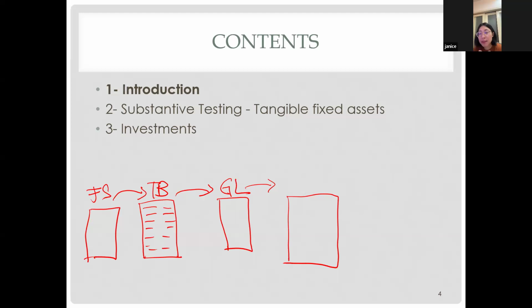Do you guys know what the name is? We call that the non-current asset register, which will list down all your non-current assets and the calculation of their depreciation. So that's how it works. Normally we have a register, and from the register we update the general ledger, from the general ledger we update the trial balance, and from the trial balance we are able to build our financial statement.